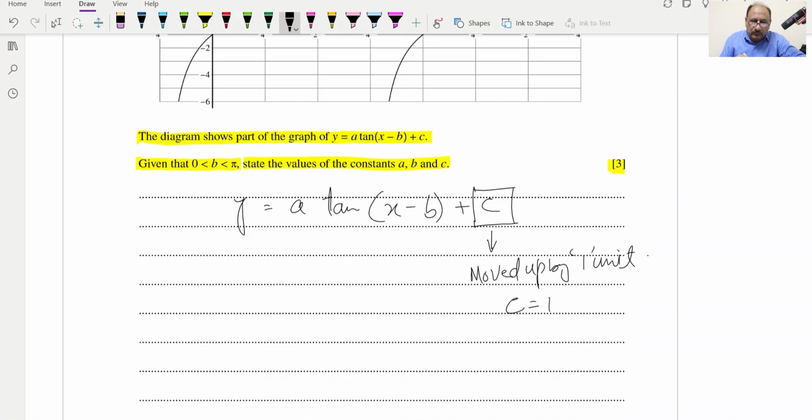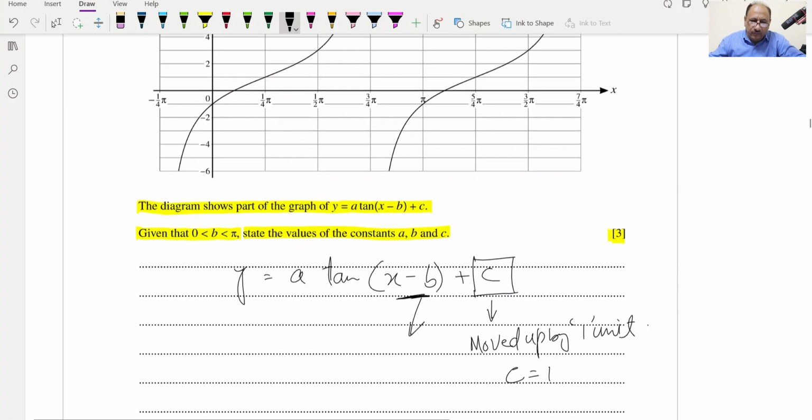Now this is basically the b value. Minus b is how many units it is moved to the right. Minus is a transformation to the right. So it is moved right by how many units?